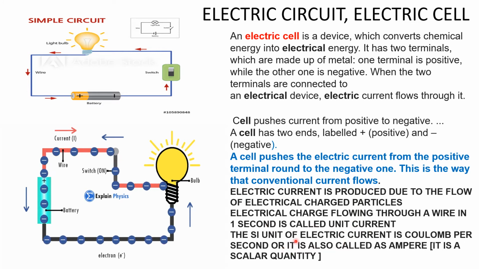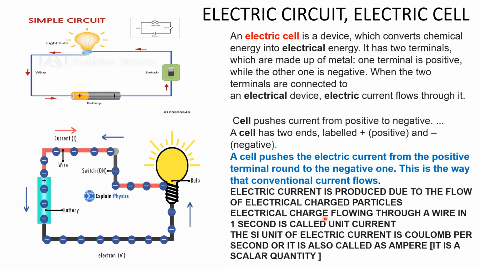The SI unit of electrical current is coulomb per second, or you can just say the SI unit of electrical current is ampere. It is a scalar quantity.